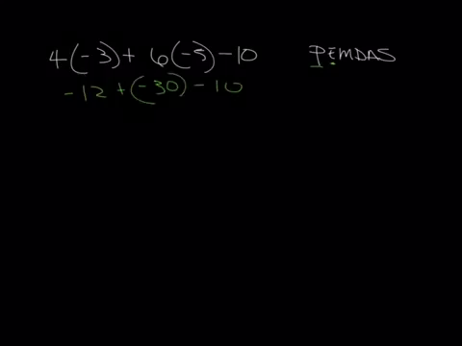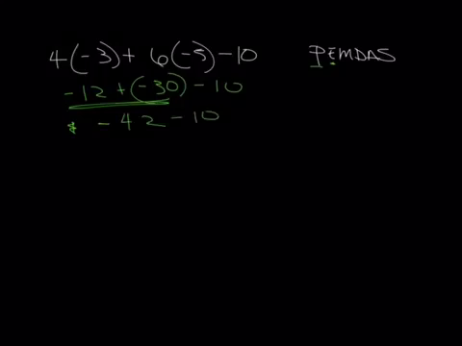Minus 10. So now we're going to add. -12 plus -30, both signs are negative, so we have same signs. Again, you look at the largest number, and it's negative, and then the signs are the same, so you add them.